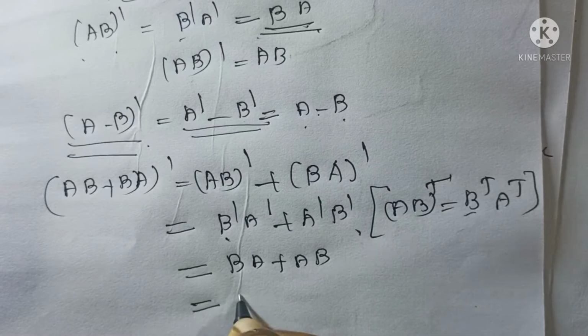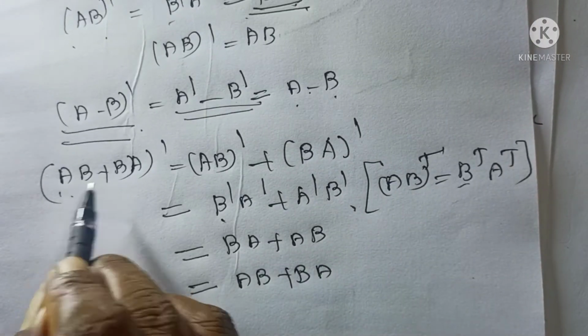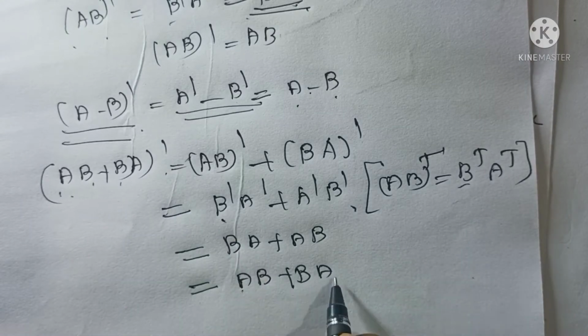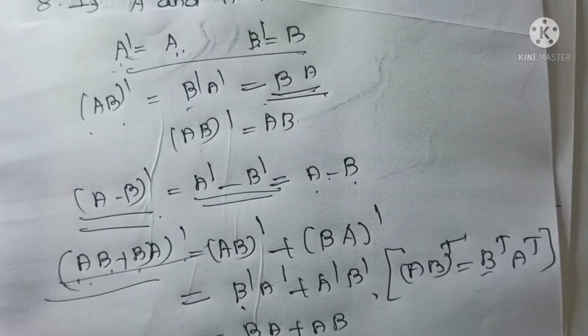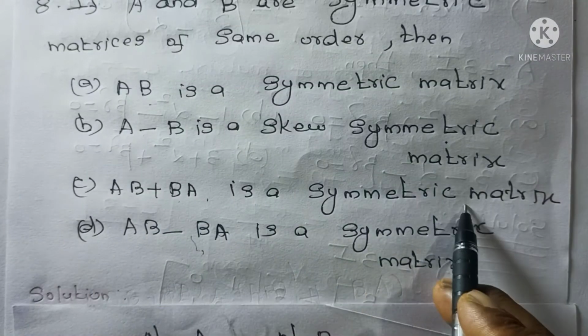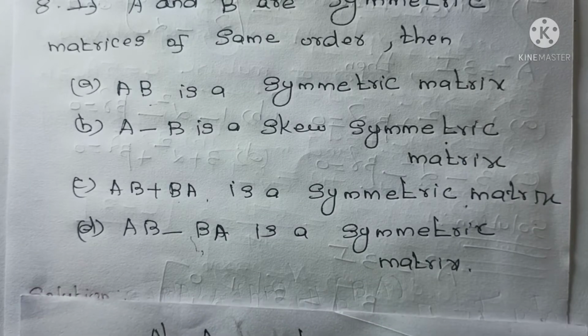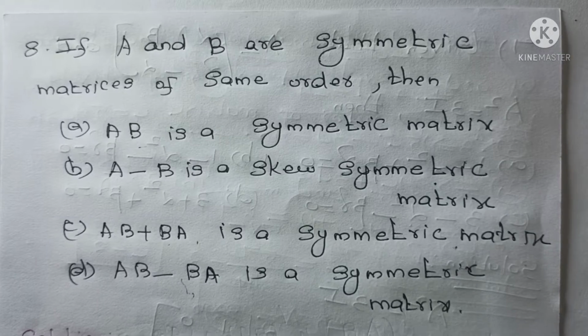You can interchange this one, AB plus BA. So what you got, AB plus BA the whole dash is equal to AB plus BA. So AB plus BA is a symmetric matrix. So option C, they have given AB plus BA is a symmetric matrix, so option C is correct. So this is the problem.